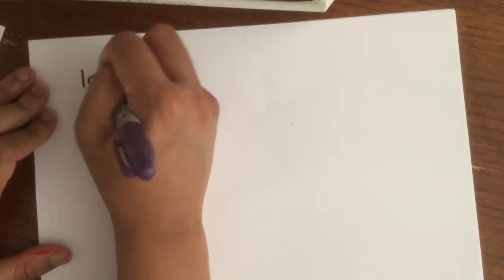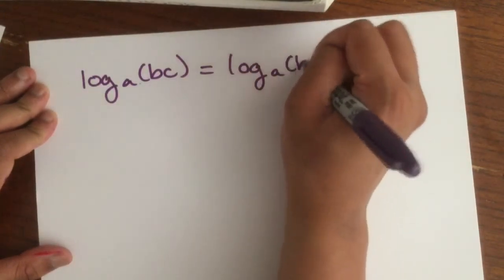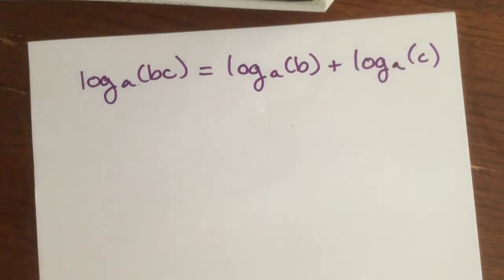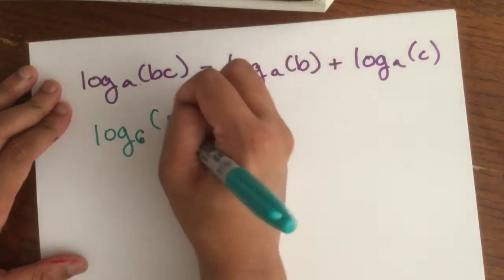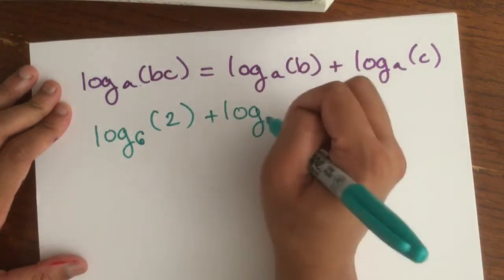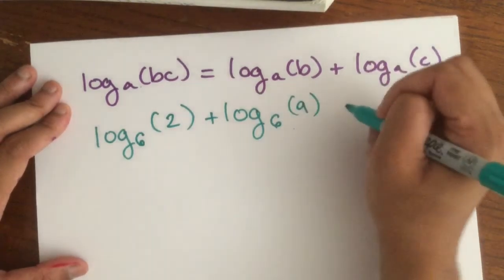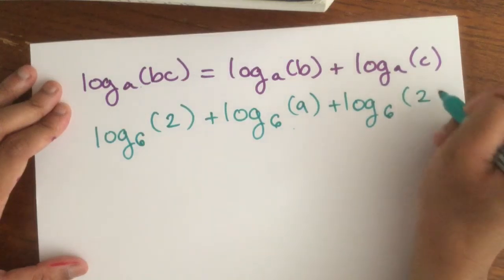We have log base A of BC is equal to log base A of B plus log base A of C. So now let's look at log base 6 of 2 plus log base 6 of 9 plus log base 6 of 2.